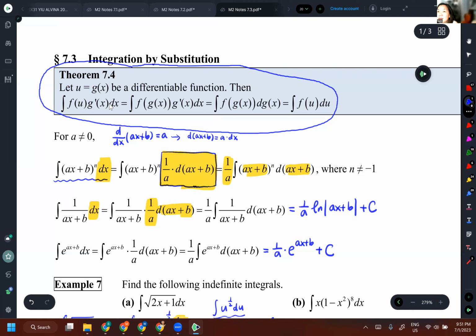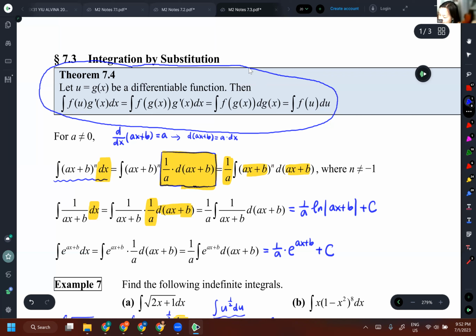But you don't just change x to u, you need to change dx to du as well. So you can see that here these x are easy to change to u, but you need to change dx to du.